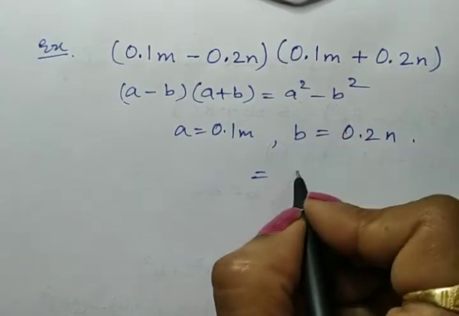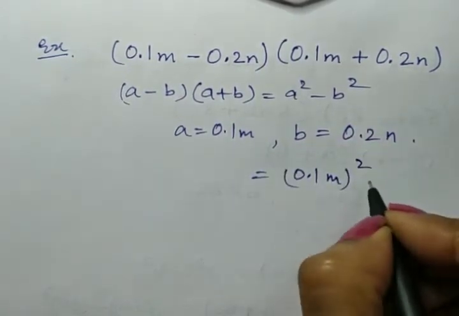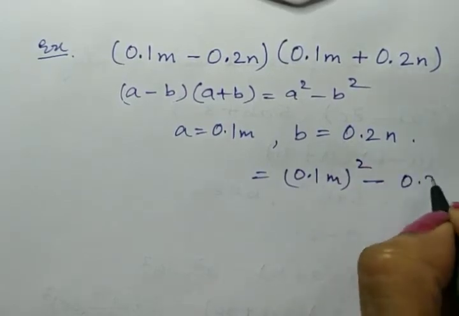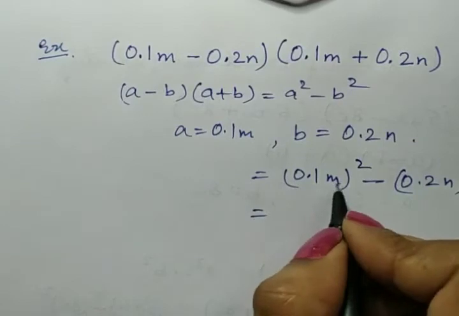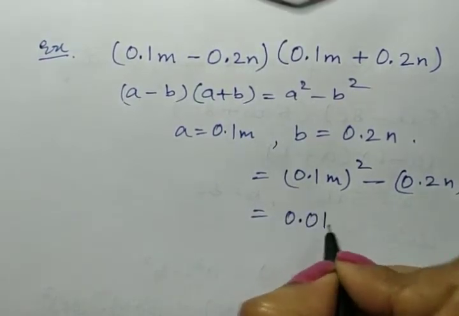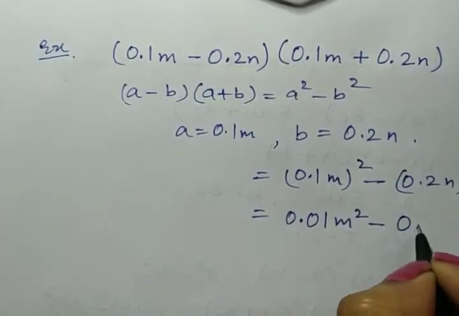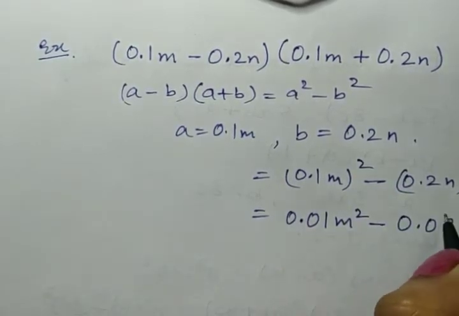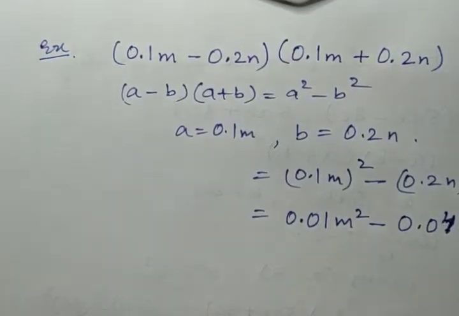A square minus b square, that is (0.1m) whole square minus (0.2n) whole square. (0.1m) square, we will get 0.01 m square, minus 0.04, 2 twos are 4, n square.